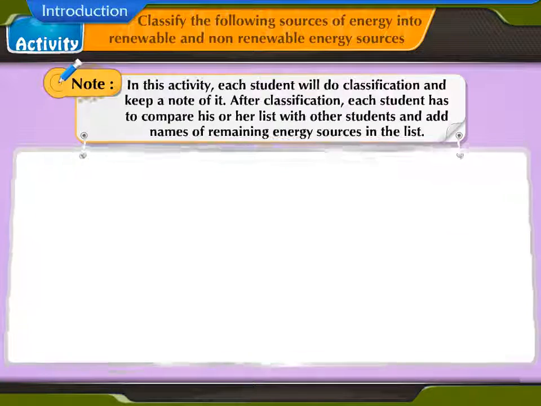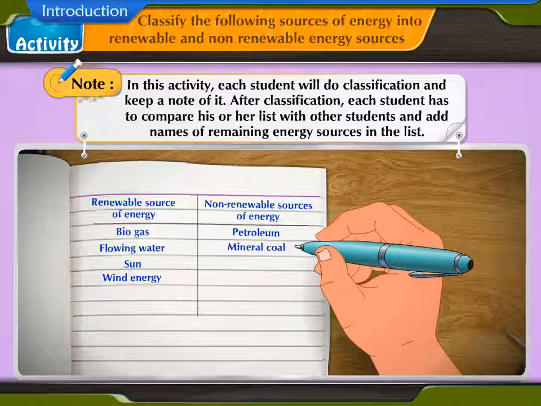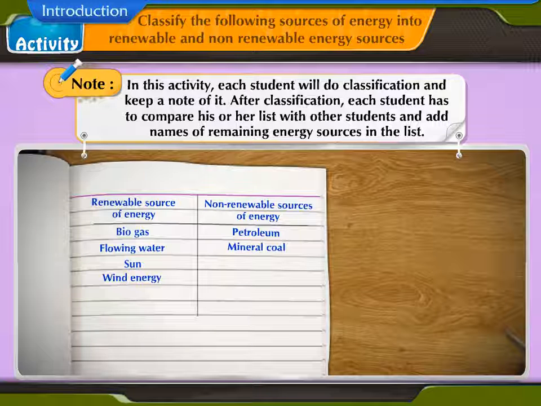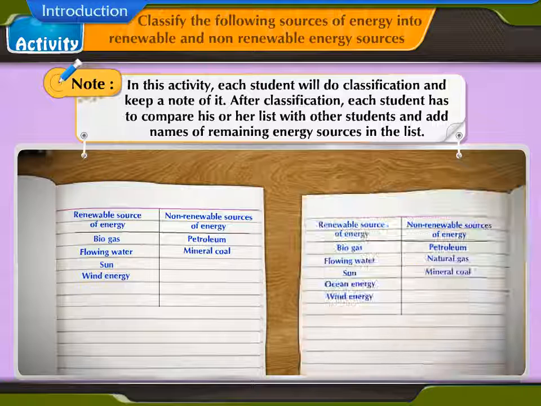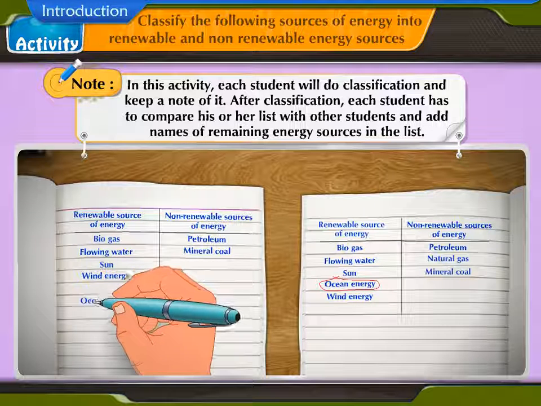Note: in this activity, each student will do the classification and keep a note of it. After classification, each student has to compare his or her list with other students and add names of remaining energy sources in the list.